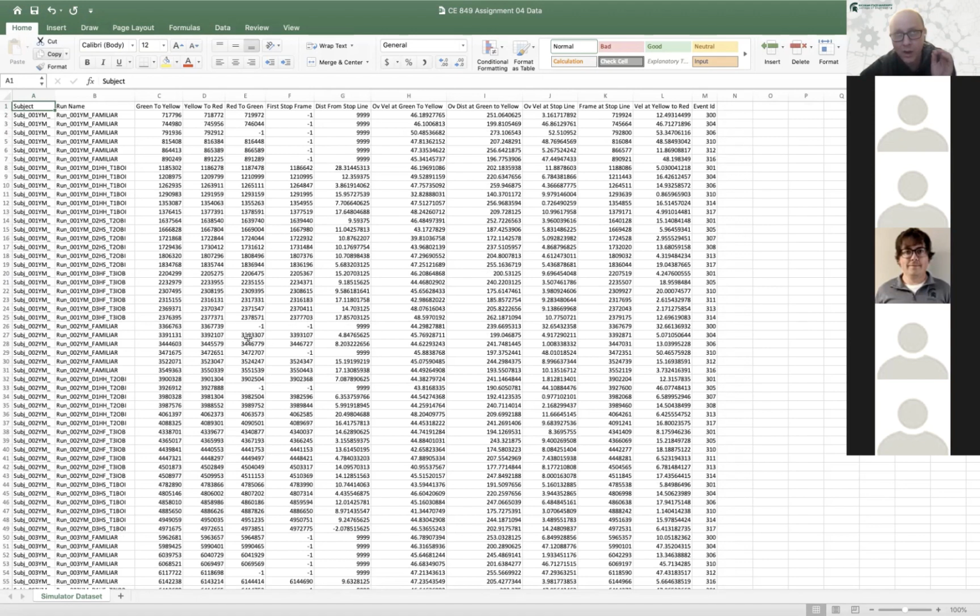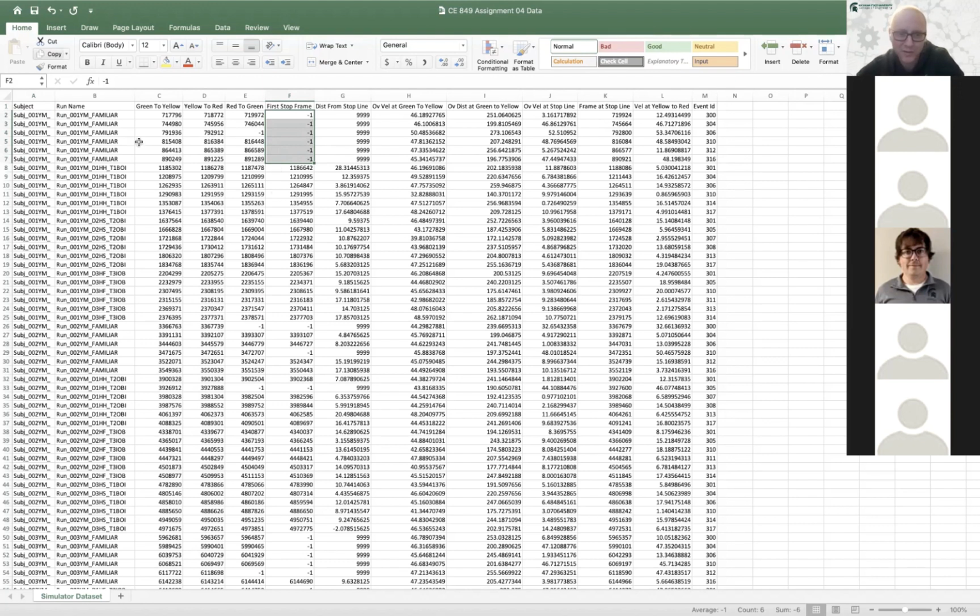I would say that if we're going to exclude data, we need to make sure that there's a sound reason for doing so. In a few cases here, if we see a -1 for the first stop frame, that's not a particular concern to us because that simply means the vehicle didn't stop. They proceeded through the intersection, but no harm, no foul, as the case may be. Okay, and so those would be fine to include.